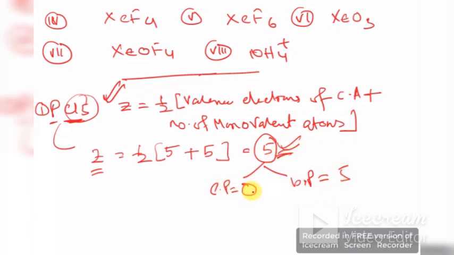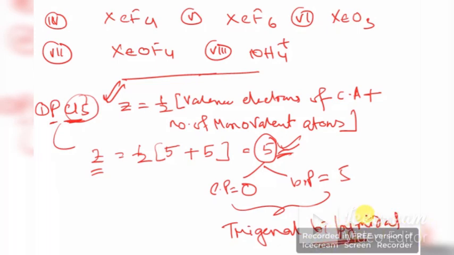So 5 and 0. What will be the shape? I already wrote the shape. It will be trigonal bipyramidal. So this is how you can find out the shape.